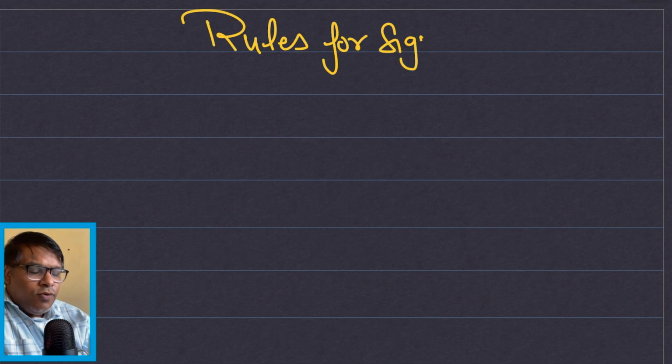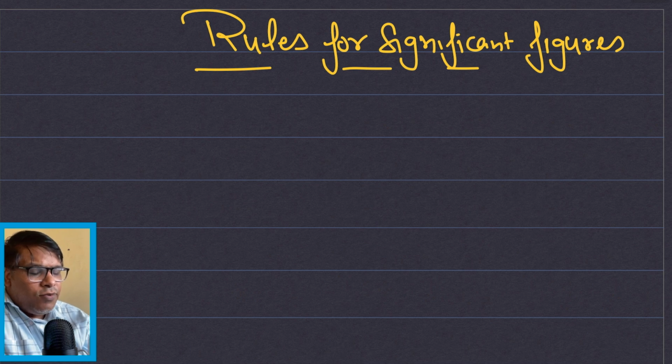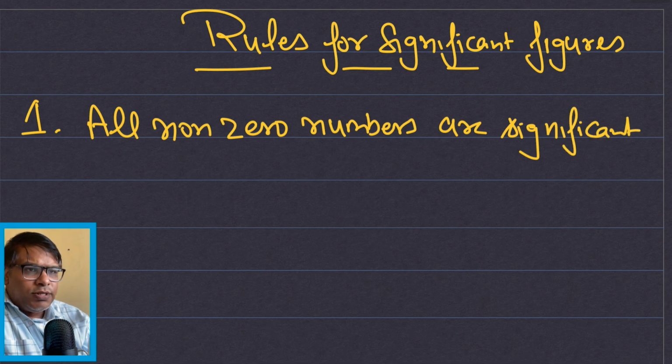Now we are going to discuss some of the rules for significant digits, significant figures. There are certain rules, and by using all these rules you can easily calculate the number of significant digits. Now, the first rule is that all non-zero numbers are significant.